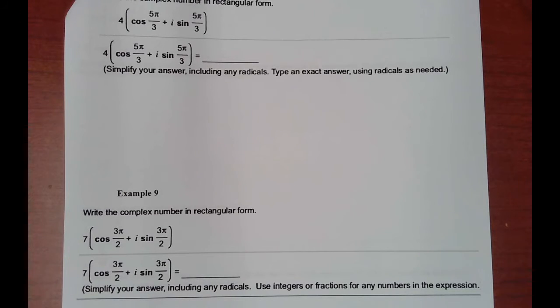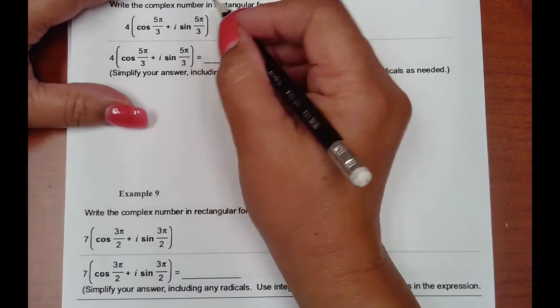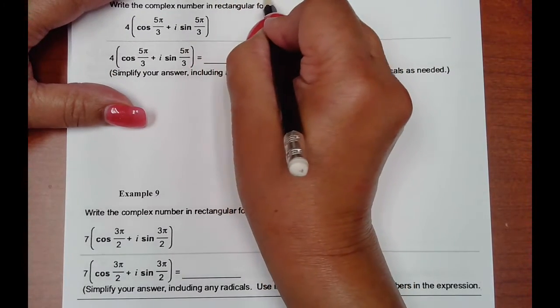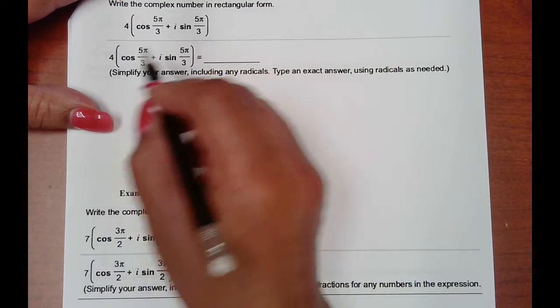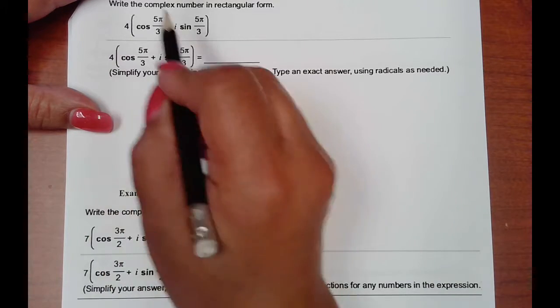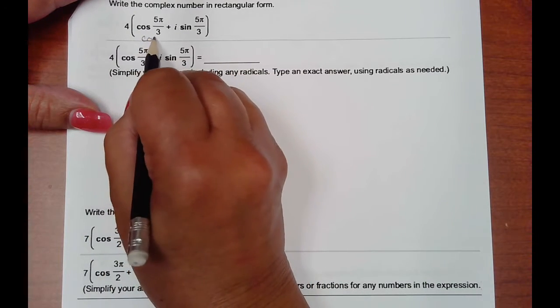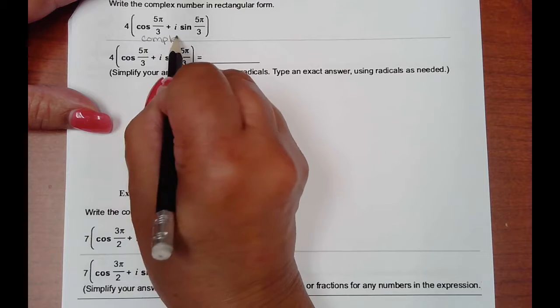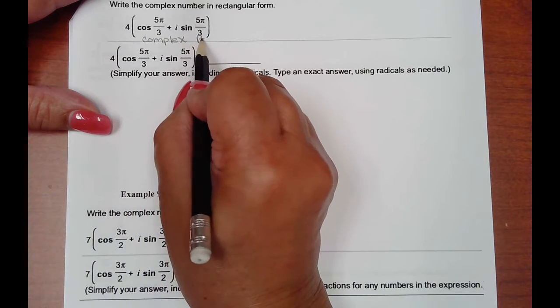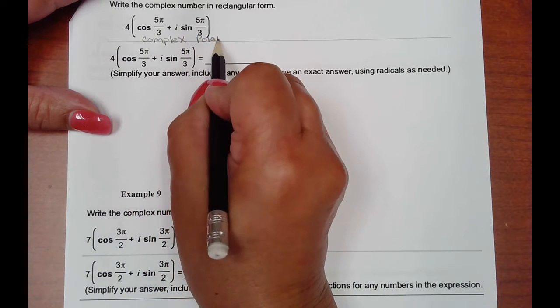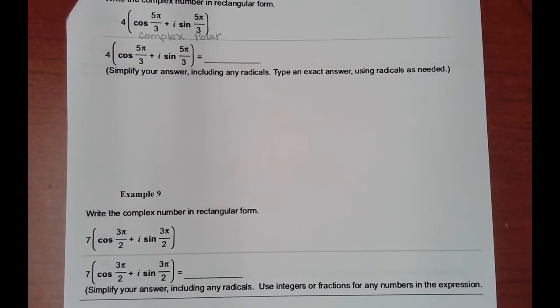If we're going to try and write this in rectangular form, then we have to think about the formulas that we got from section 9.1 and get our head refocused on the fact that this is a complex number, but it's a complex number in polar form. We've been working to create those in examples, I believe 5 through 7.